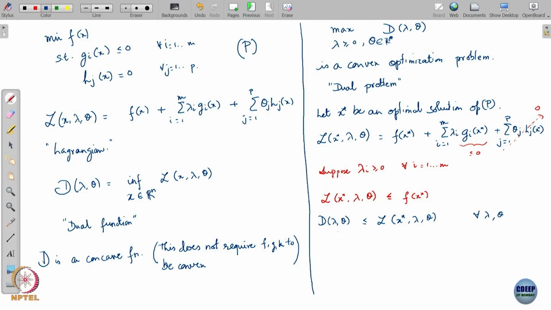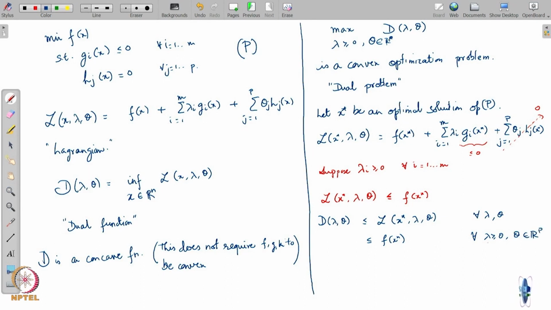Now, what does this mean? This quantity L of x star comma lambda comma theta was itself less than or equal to f of x star. And in getting to this inequality, we needed that lambda is greater than or equal to 0 and theta is in R p.